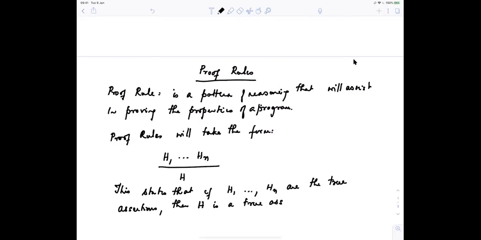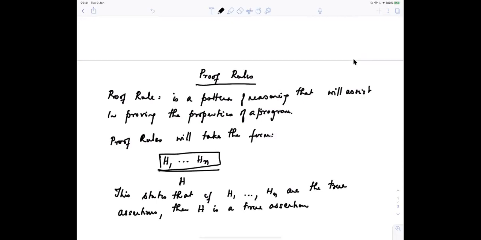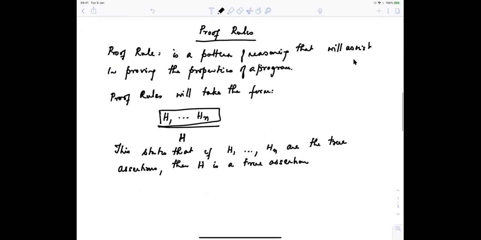So what we mean by this here, above the line, we have a set of assertions which are true. And if all these assertions are true, then the assertion below the line is true.